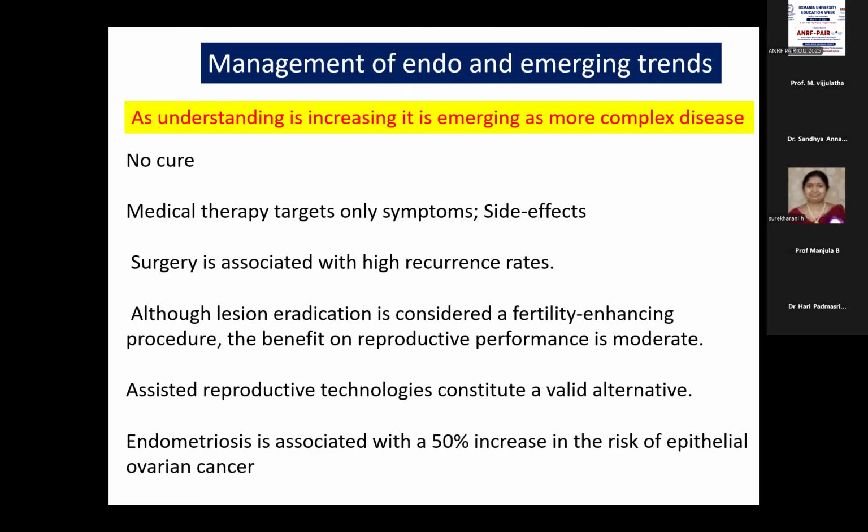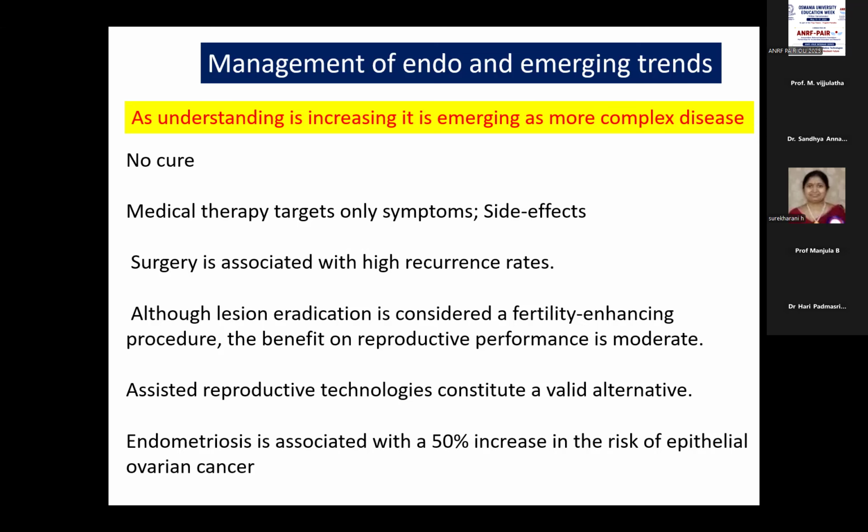So I will brief up what the status of endometriosis is now. There is no cure as such. Understanding the disease is very, very complex. As we are trying to understand the disease, it is becoming much more complex. Medical therapies target only the symptoms, not the root cause, and the side effects of the drugs are very, very bad.